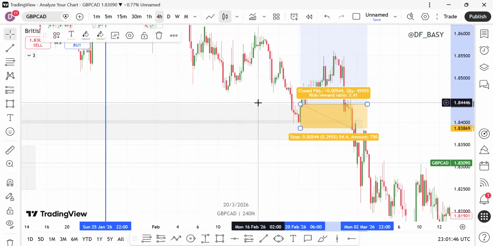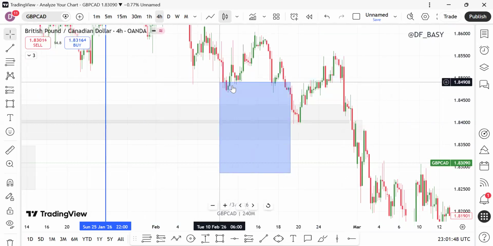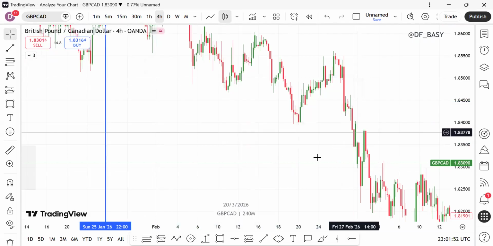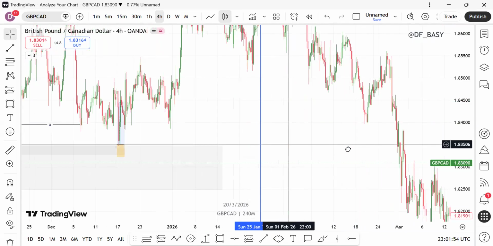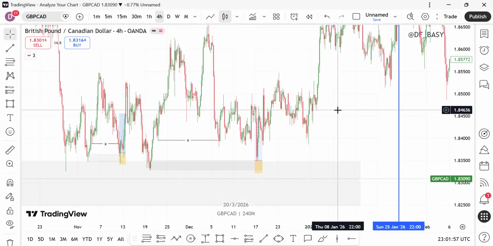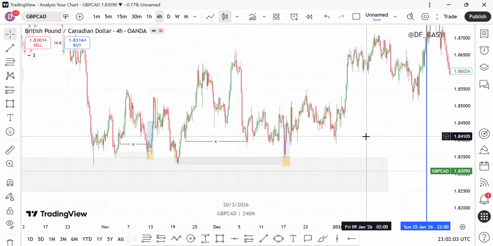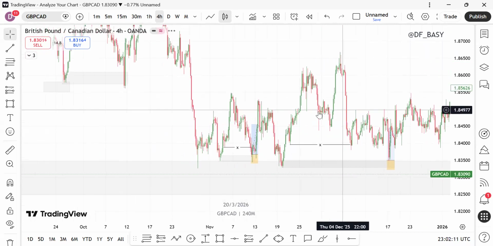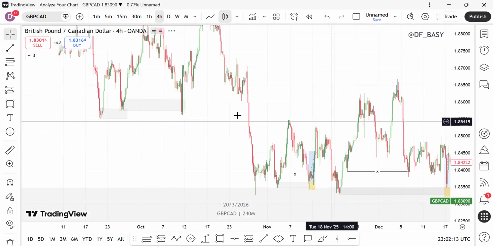So if you can follow these rules I've given you on how to identify order blocks, I'm pretty sure your TA will improve, let's say, by a 20% increase in high probability of speculation, because as a trader, you're speculating price movement, right? You're not gambling, you're speculating price movement.